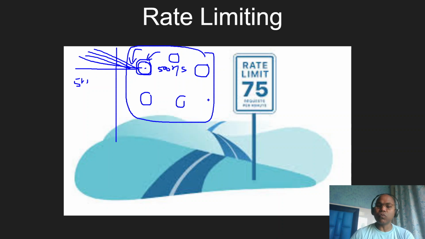Through performance testing, we as an engineering team find out that our server has this much capacity. It can serve this many requests per second, and can process this much data per second, depending on the request size.